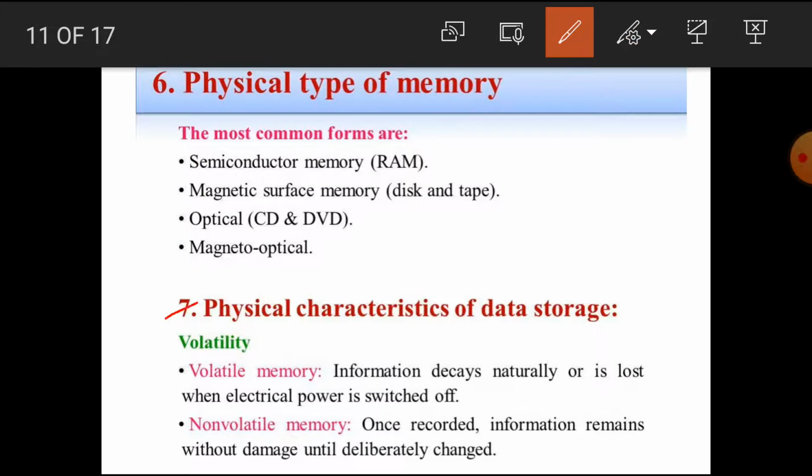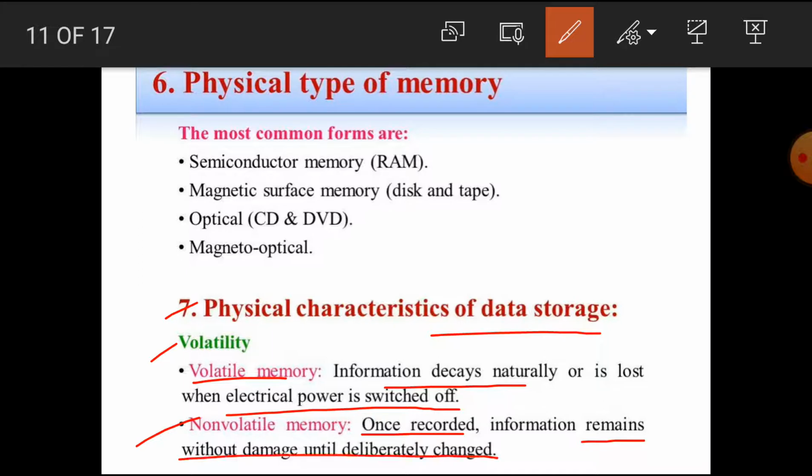The next parameter is physical characteristics of data storage. First one is volatility or volatile memory. In volatile memory, information decays naturally or is lost when electrical power is switched off. And in non-volatile memory, once the information is recorded, this information remains without damage until deliberately changed.